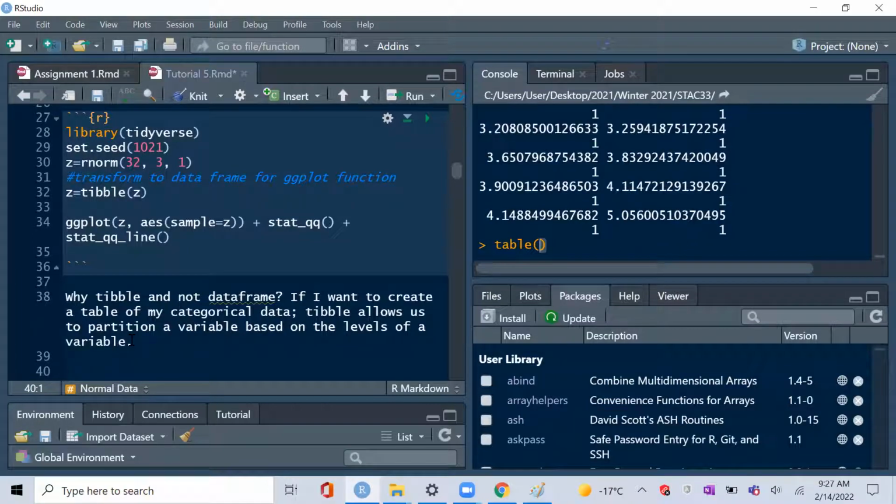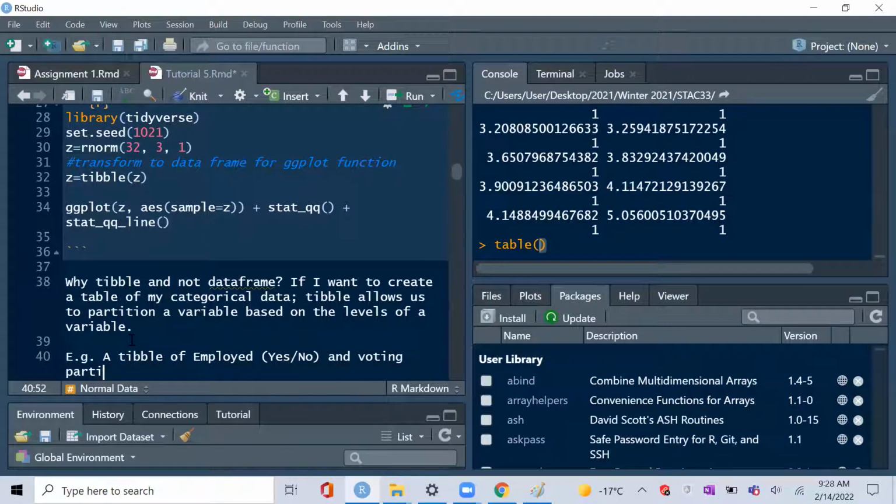For example, a table of employed, yes, no, and voting party, let's say liberal, conservative, NDP.